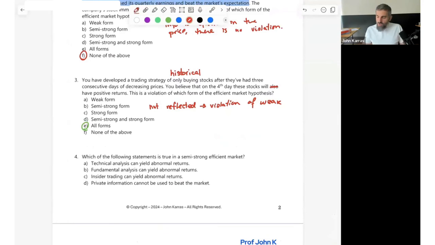Which is true in a semi-strong market? What do you guys think? Okay.